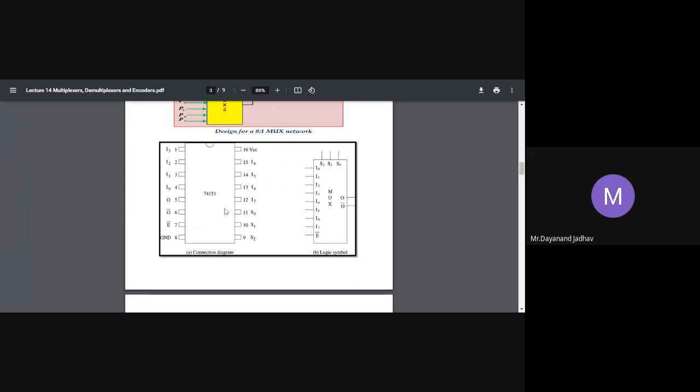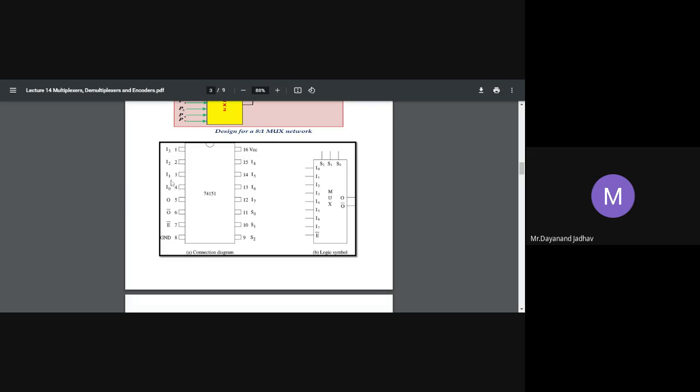By using an IC also we can implement it. See here where the inputs are connected, where the plus VCC supply is connected, and which terminal is ground: pin number 8 is ground and pin number 16 is connected to VCC.